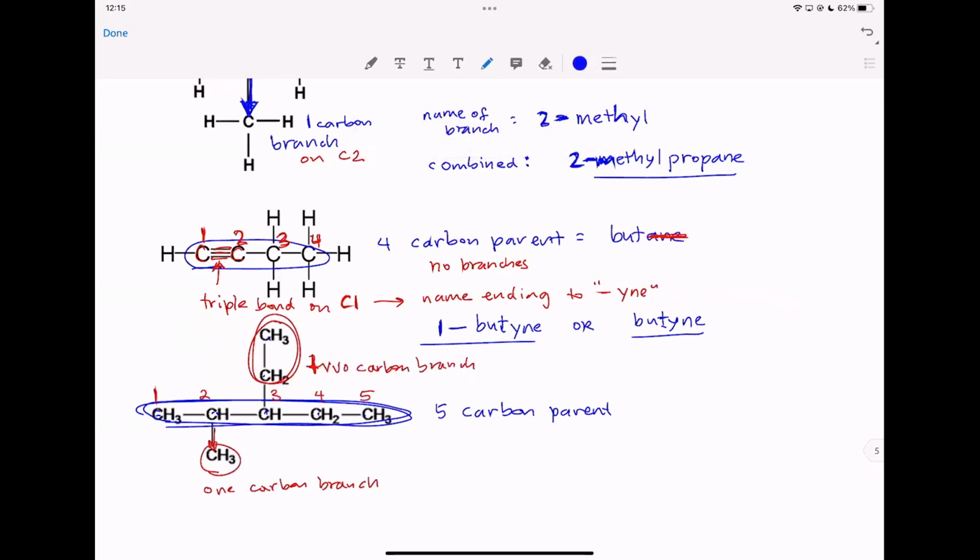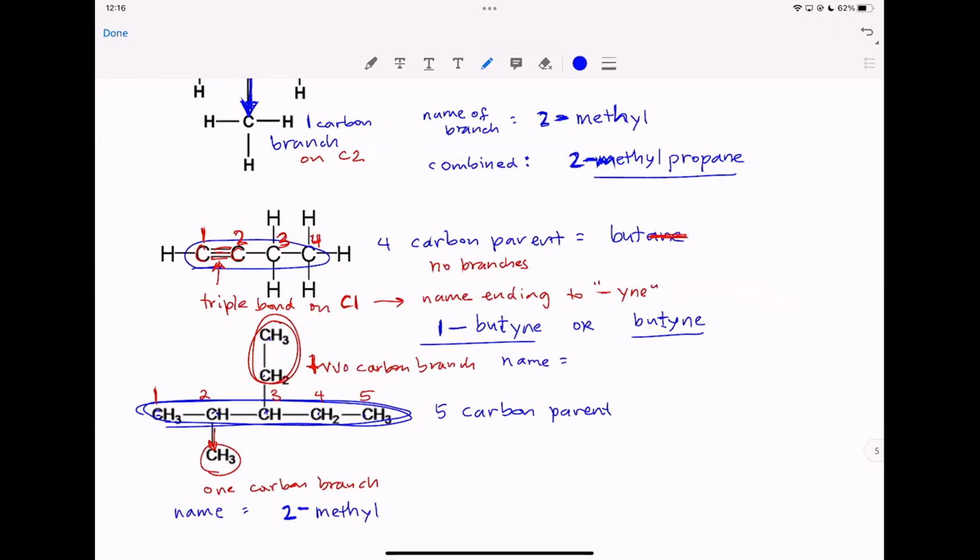So the name of this 1-carbon branch is going to be location first. So that's 2. And then dash, for a 1-carbon long branch, you use the prefix meth, and then that's a YL. The name of this 2-carbon branch, the location has to be first.